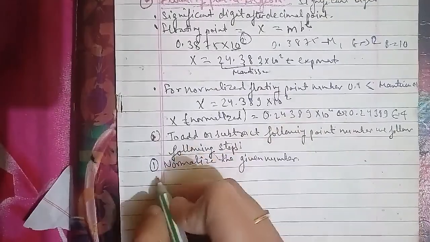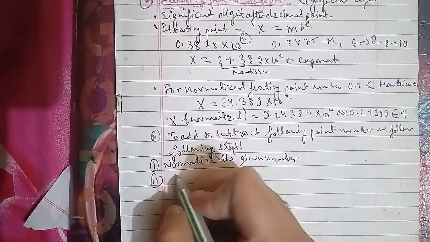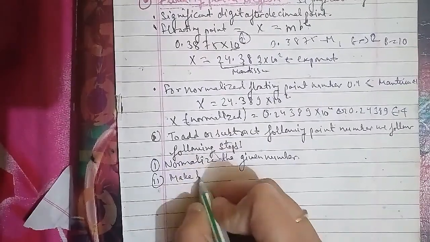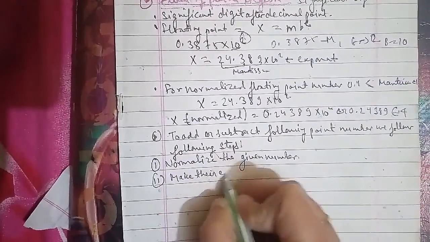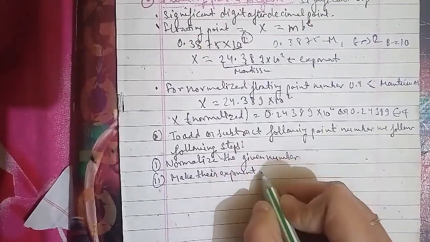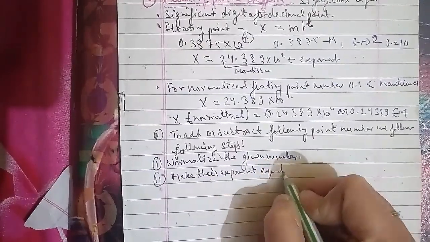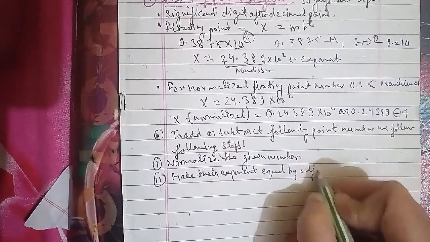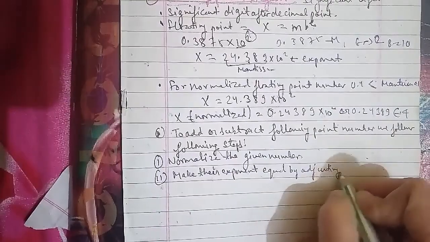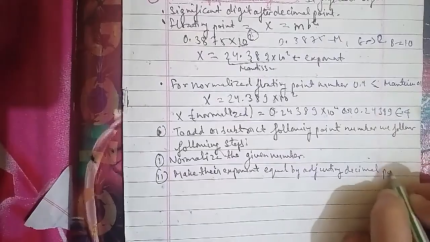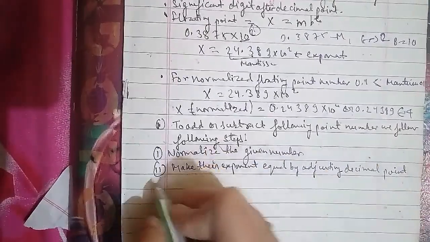Third, perform addition or subtraction of the mantissas of the two numbers, then normalize the result.